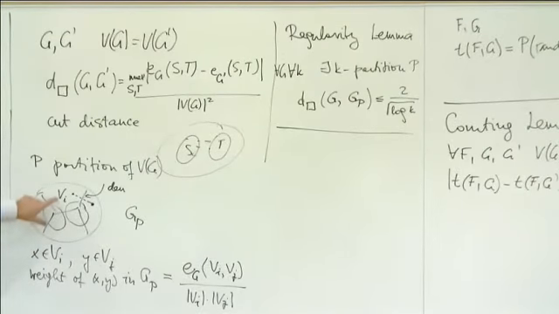You pick 3 points, but it doesn't matter which 3 points you take, as long as you pick them from the same classes. And for each class, it's just the product of these densities.